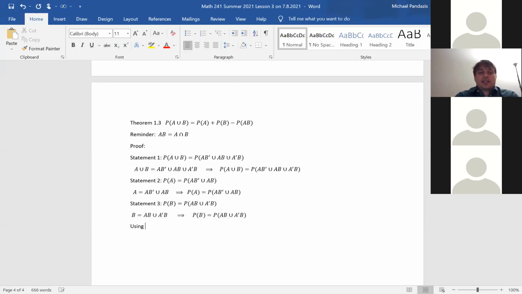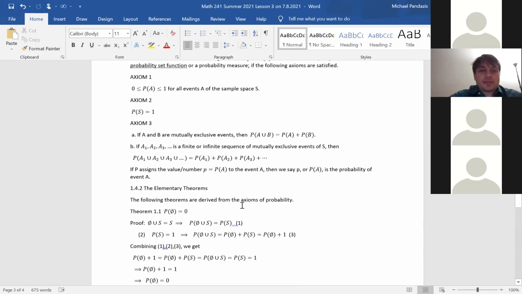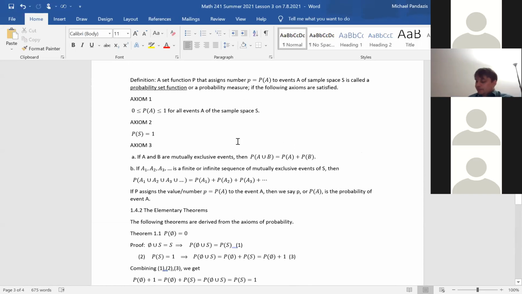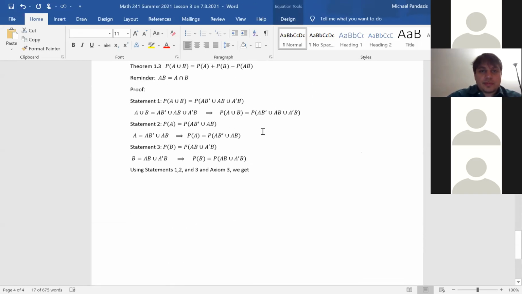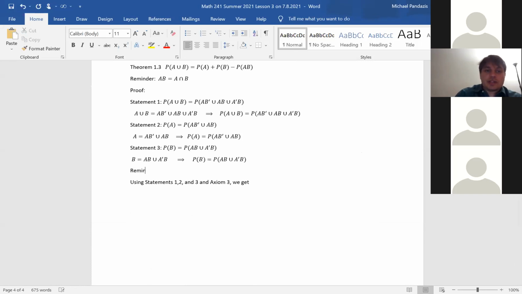So using statements 1, 2, and 3, and axiom 3, we get... and so what was axiom 3? Axiom 3 was this, right? Okay, so what we want is part B of axiom 3. Reminder.